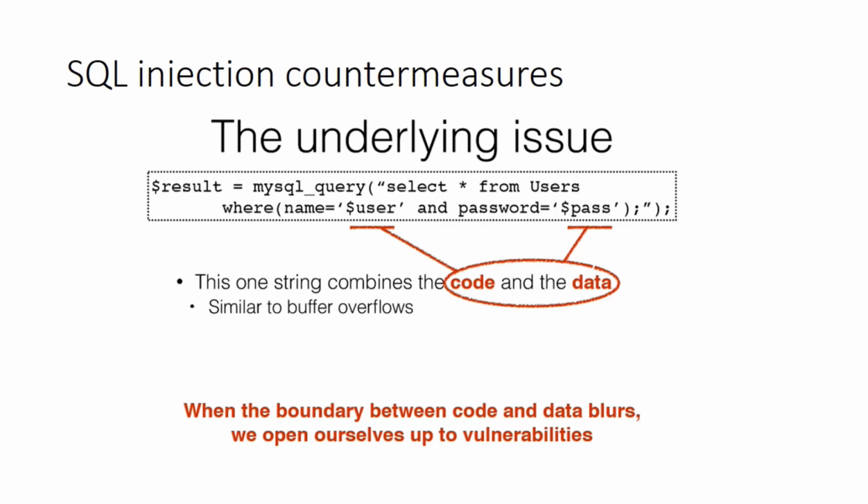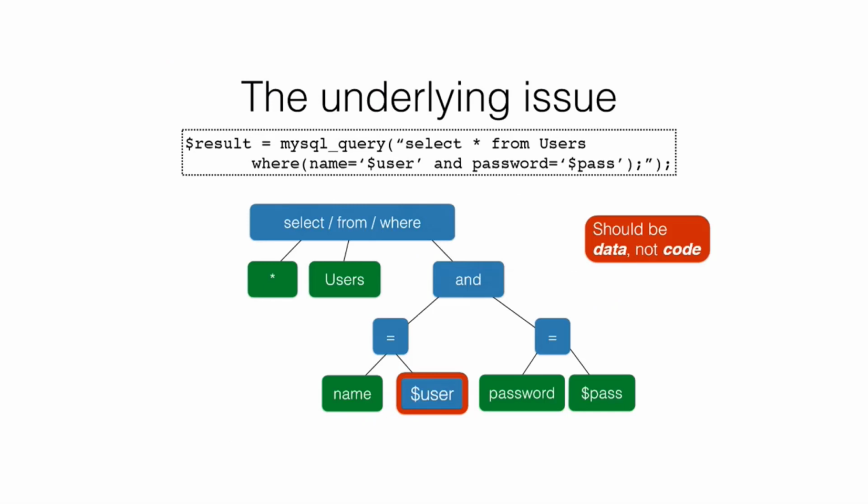Whenever the boundary between code and data blurs, we give an opportunity to the adversary. Okay, you can come and do the things, because we are inviting them and putting the vulnerability in by ourselves. That we should avoid. So how can we avoid it?